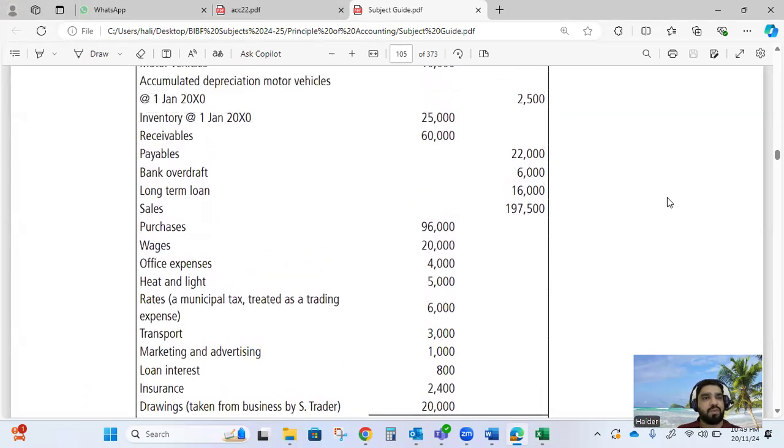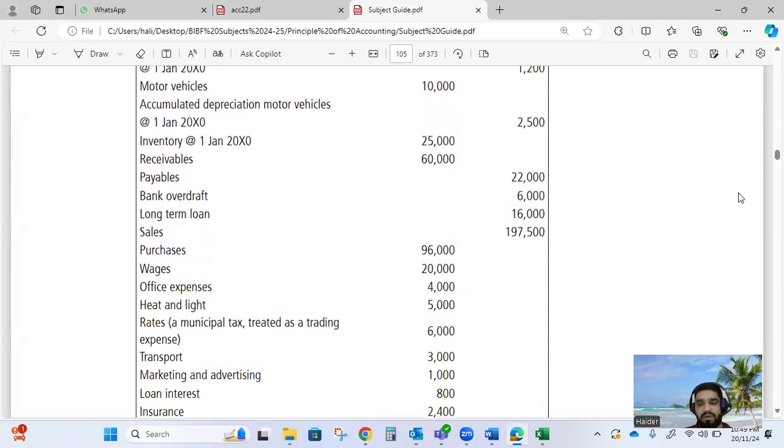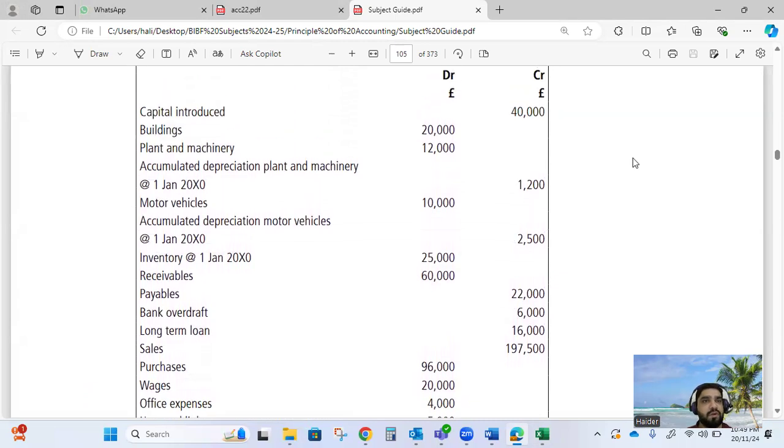The first operating expense must be depreciation, because according to the sequence, we have to go one by one. Capital is not an expense, building is not an expense, plant is not an expense, depreciation is an expense. The depreciation of plant was 10% on original cost.